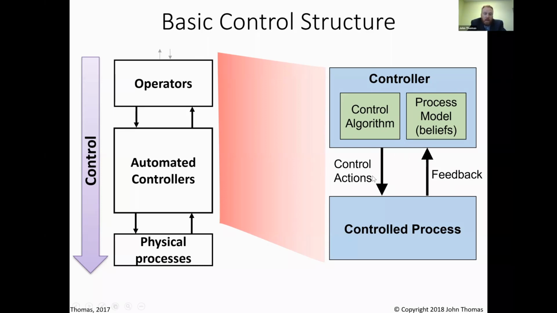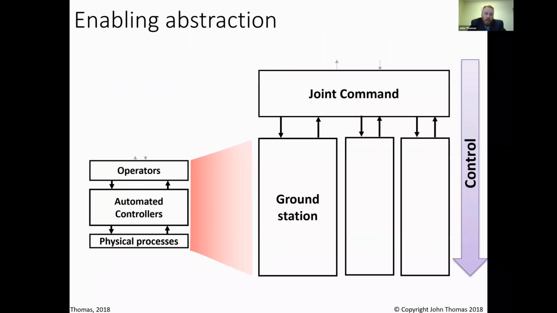The same kind of logic applies for human interactions. In fact, we may want to go even at a higher level. This control structure on the left, where we had human interactions, kind of the operators, the boots on the ground, managing the automation. Well, we may have a lot of them in our industry or in our facility or maybe on our roads, and we may have some centralized control or some decentralized control.